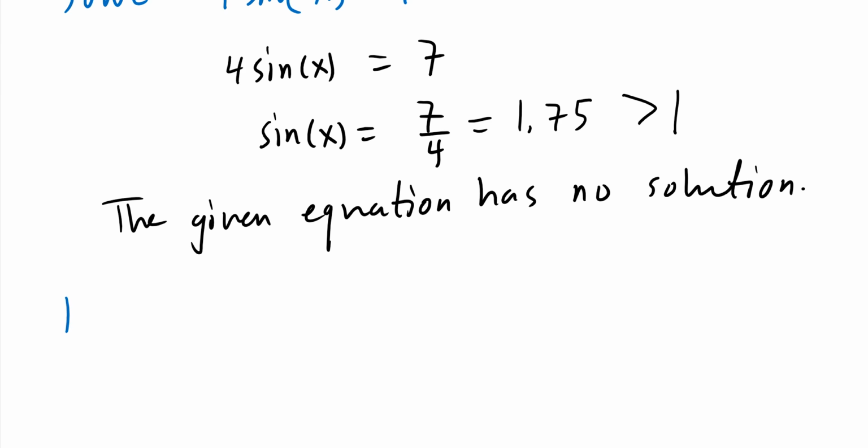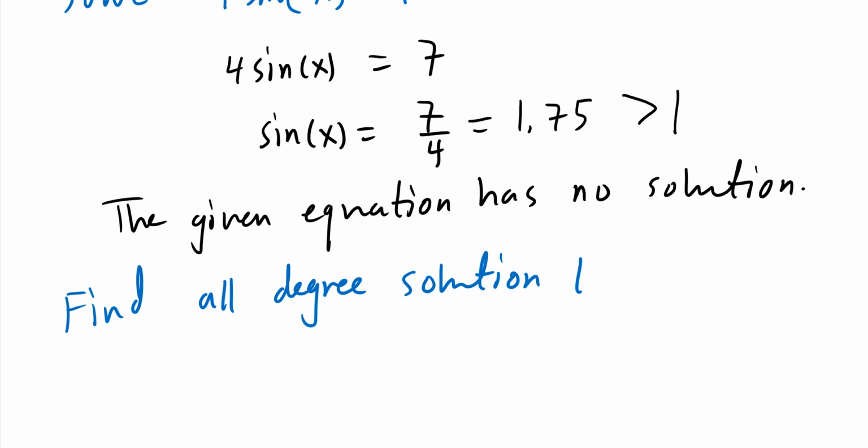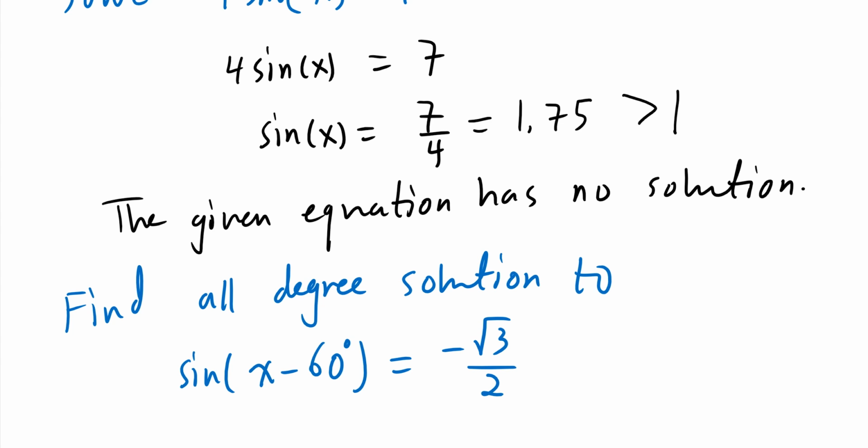Let's look at a different type of question. Find all degree solutions to the equation sine of x minus 60 degrees equals negative square root of 3 over 2.